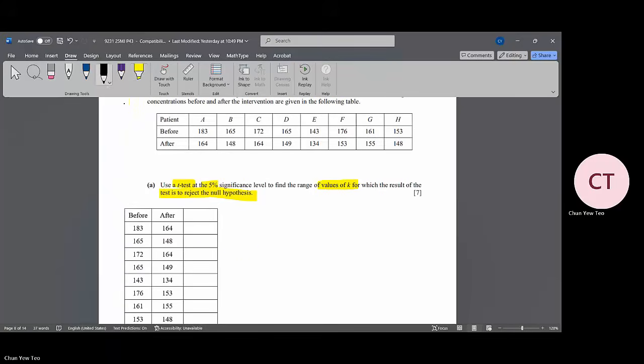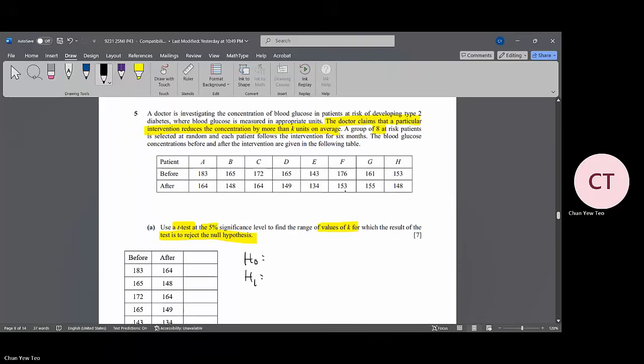Okay, so we need to write down the null hypothesis. The null hypothesis says that the difference, because the doctor claims that the intervention will reduce the concentrations, that means mu A is equal to mu B is equal to, this one is actually greater.